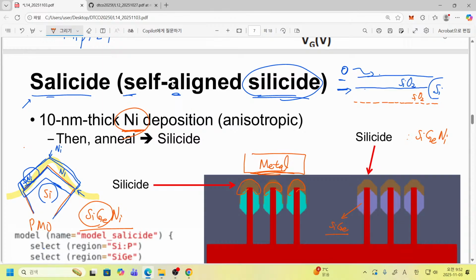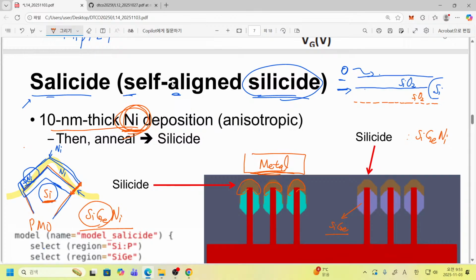Quite similarly, when we have silicon originally, and we attach nickel and then apply heat, some portion of silicon is consumed to become nickel silicide. So its thickness becomes even thicker than the original thickness of the nickel deposition.